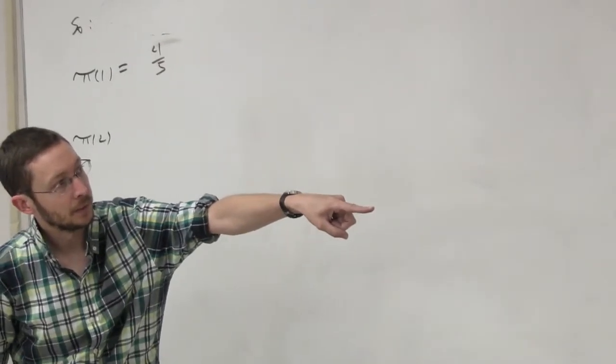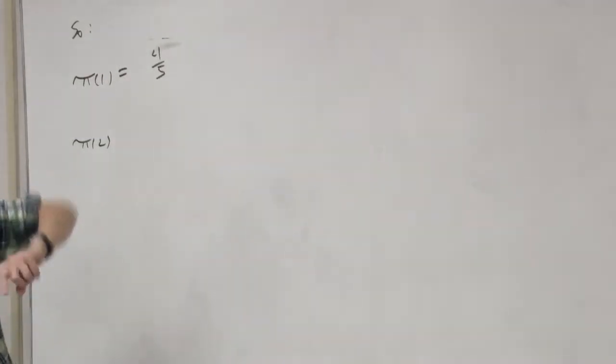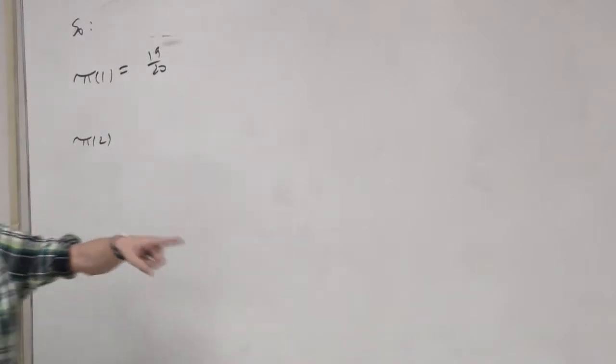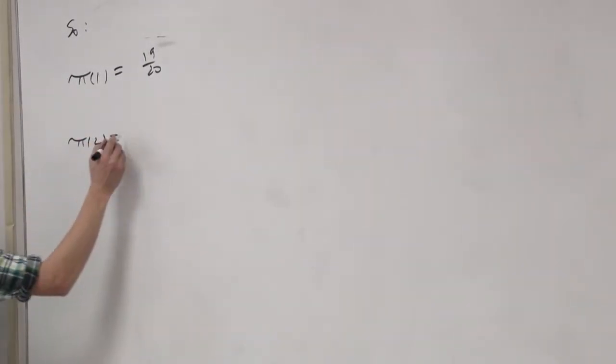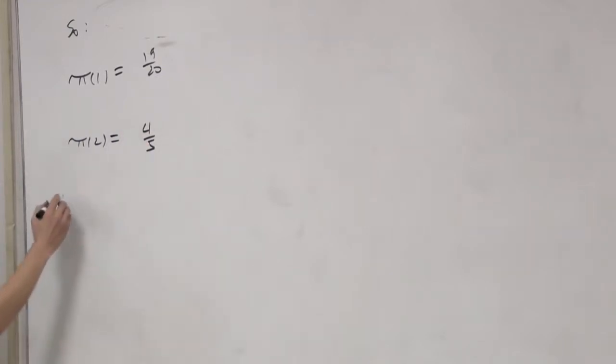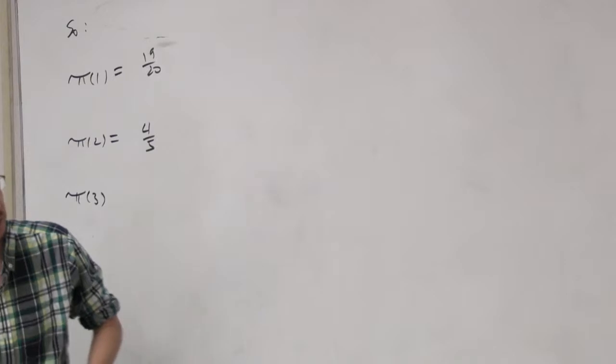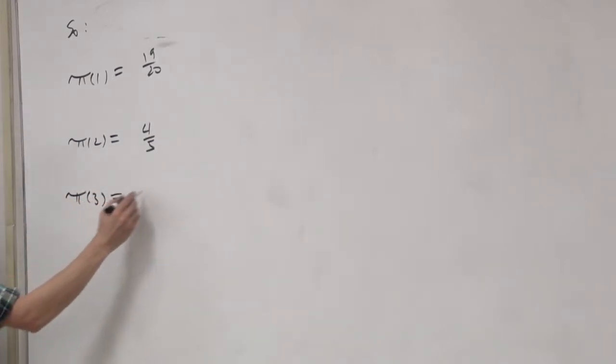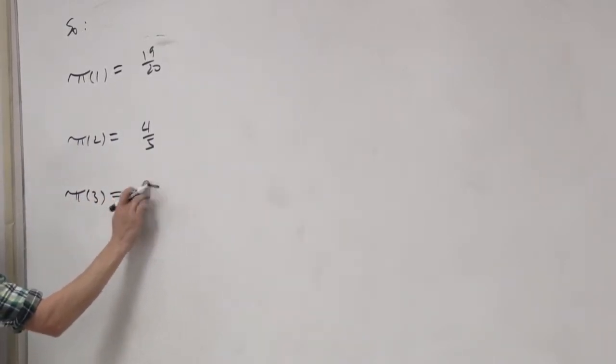Oh, sorry, that should be y1, 19 over 20. Pi of 2 says y2, which is 4/5, over y0. And then pi of 3. y3 is 9/10 y0, so dividing by y0, just 9/10.